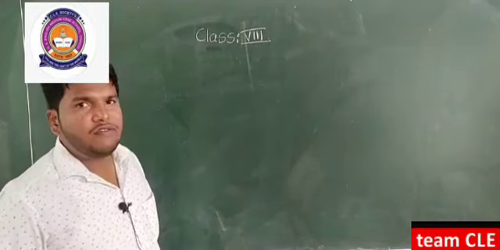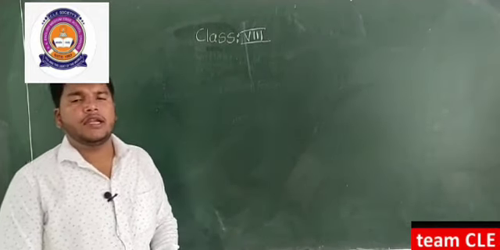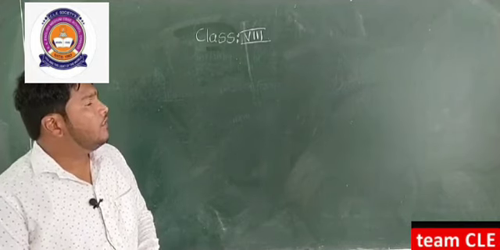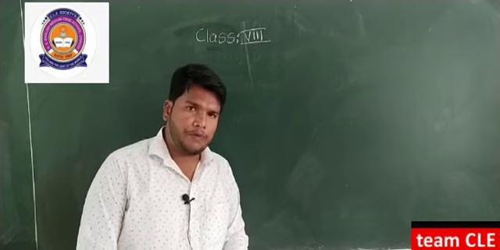So in the previous classes we have completely started with the rational number and properties of rational number related to addition. So in this video I am going to start the properties of rational number related to subtraction.